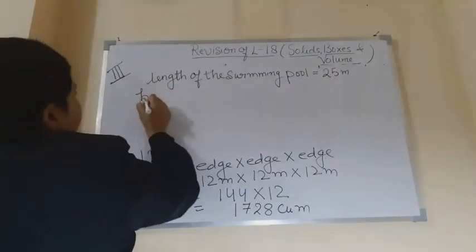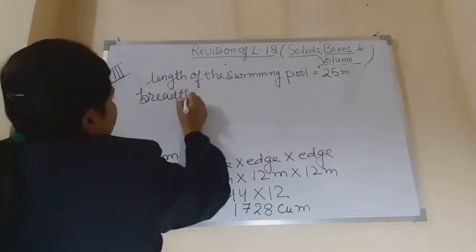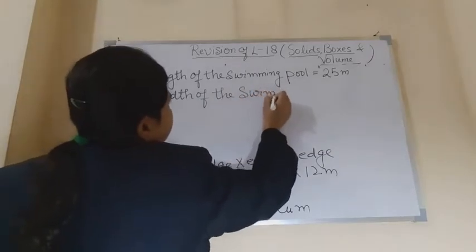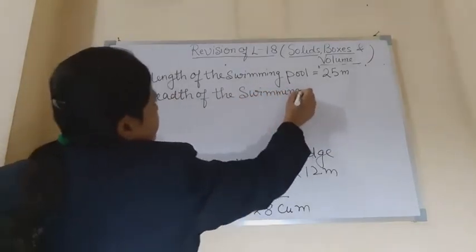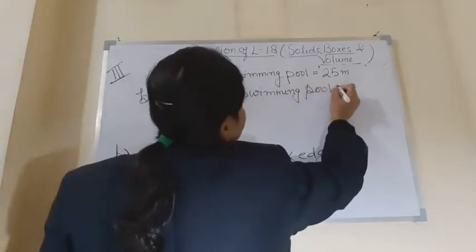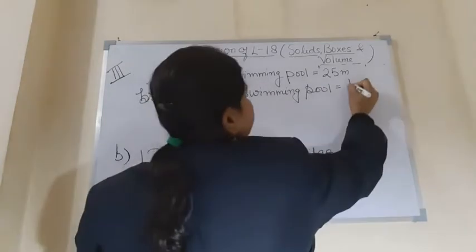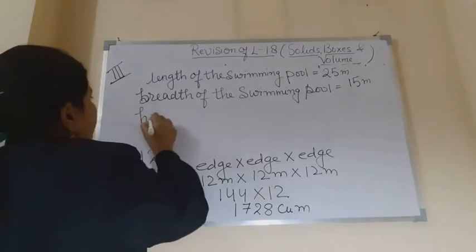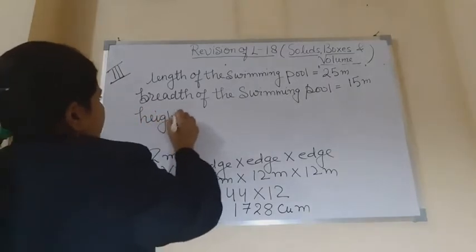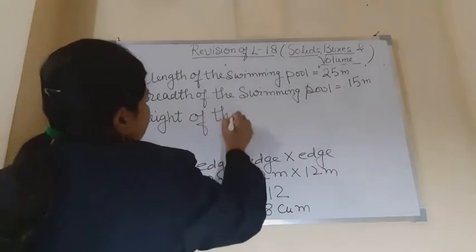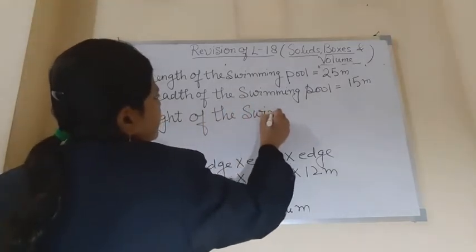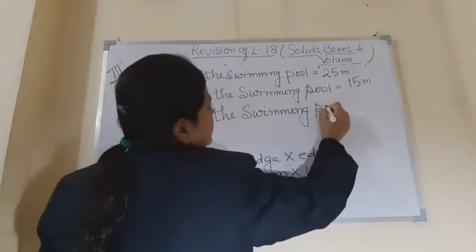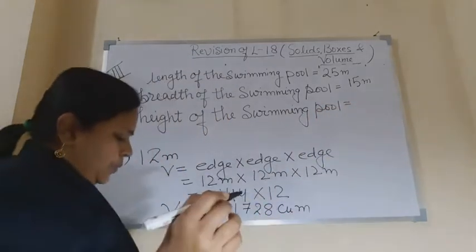Breadth of the swimming pool is equal to 15 meter and height of the swimming pool is equal to 2 meter.